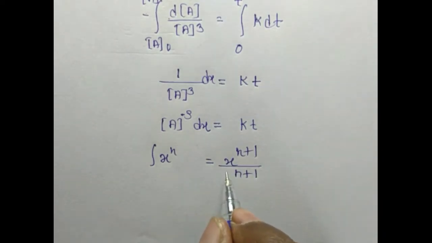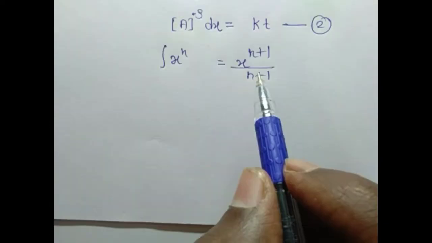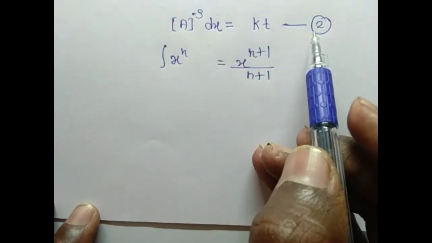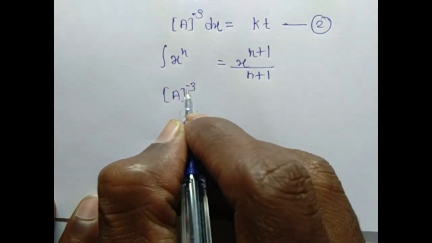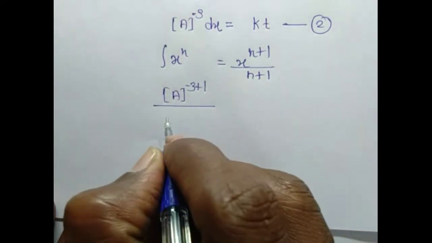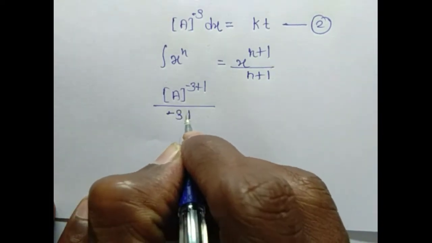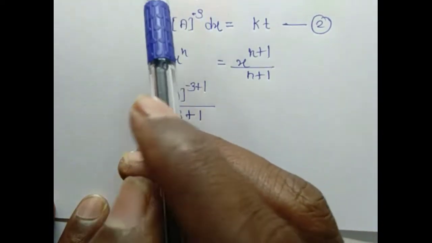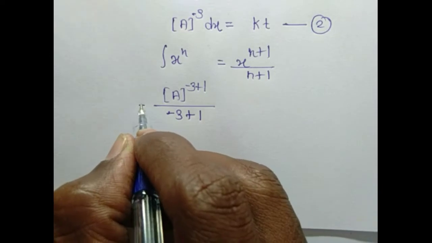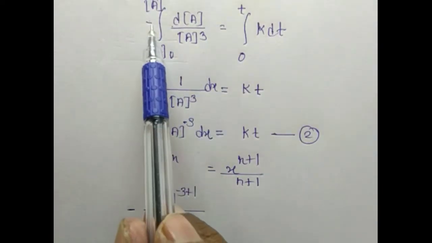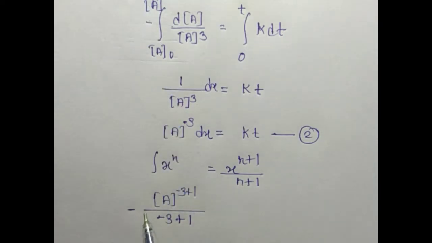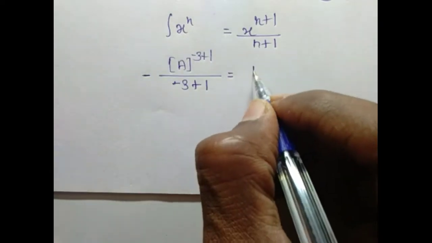By applying this rule, equation number 2 becomes A to the power minus 3 plus 1 upon minus 3 plus 1, with the minus as it is, equal to Kt.